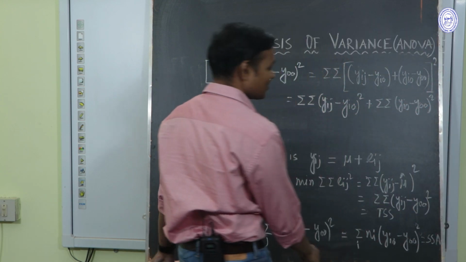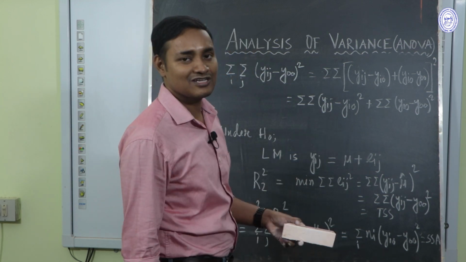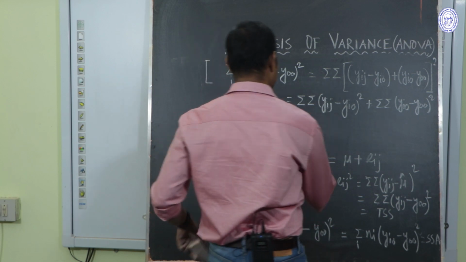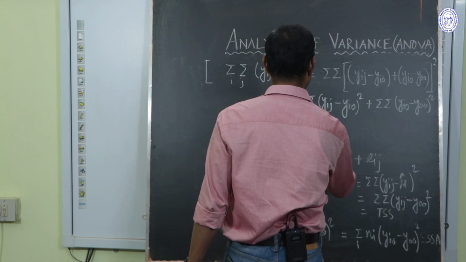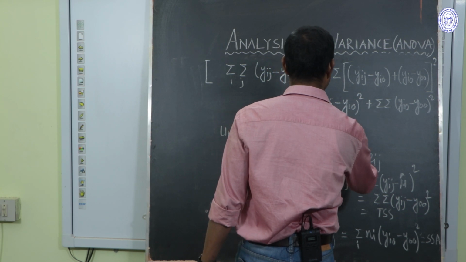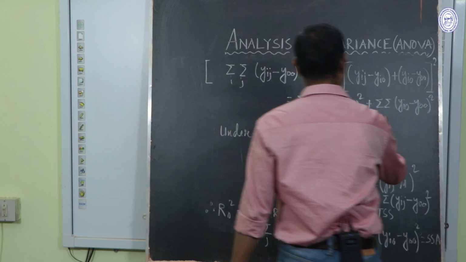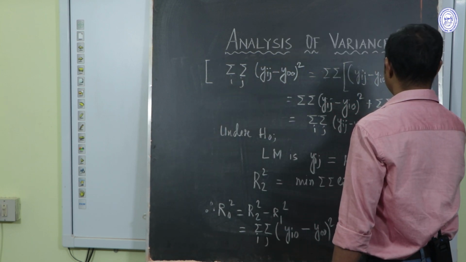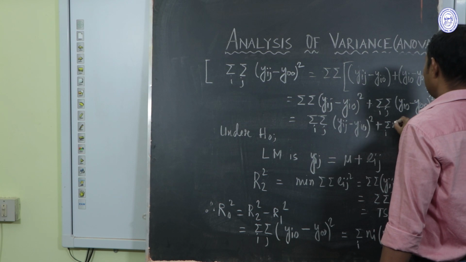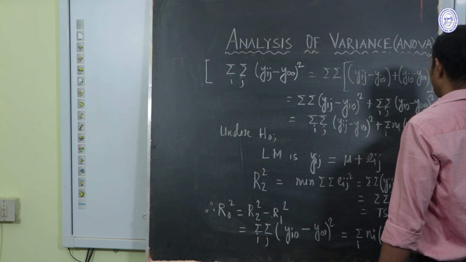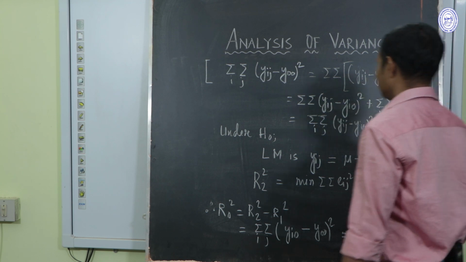Here the product term is 0 because sum of deviation about mean is always 0. Summation over i over j y_ij minus y_i0 square, plus summation over i n_i y_i0 minus y_00 square.